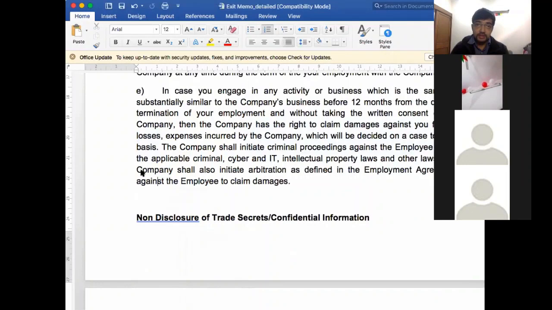Like under Indian law, post-termination restrictions on employment are not considered to be valid. Only during your employment you can be exclusively employed and prohibited from working with others. But unless you are in a very, very senior position, it is difficult to restrict somebody from working with a competitor.